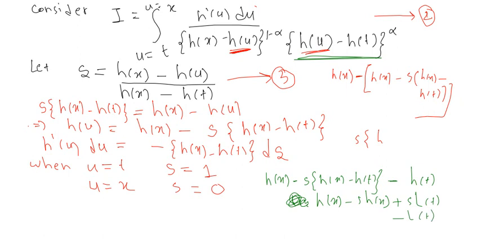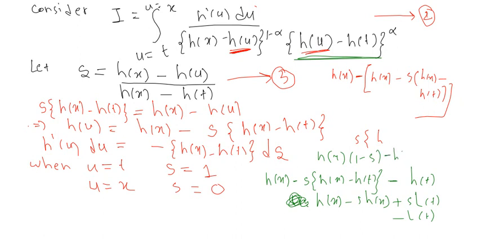So if I take h of x common out, what will I get? h of x is 1 minus s, and minus h of t.